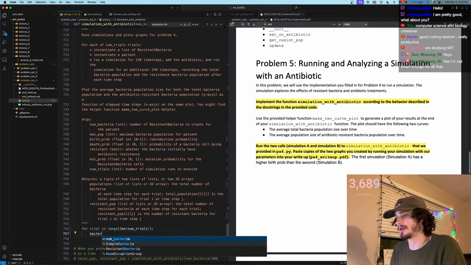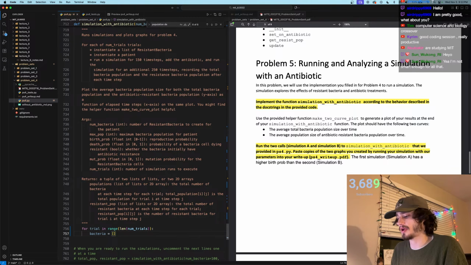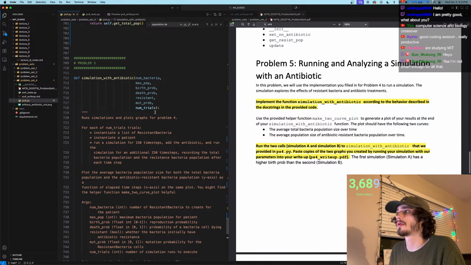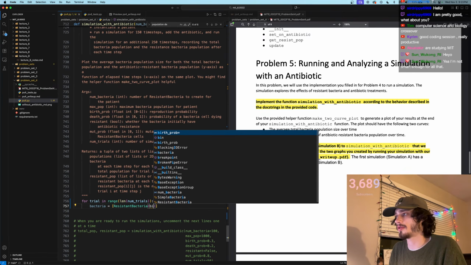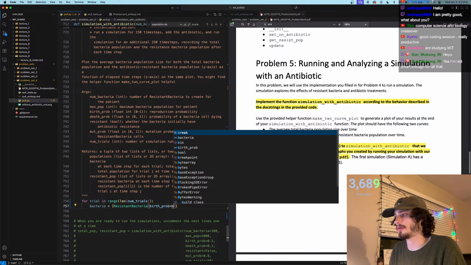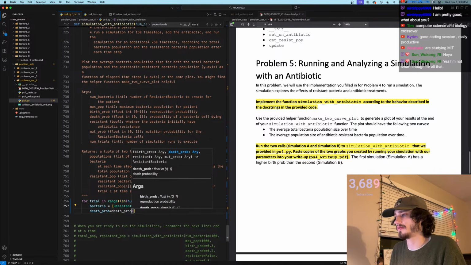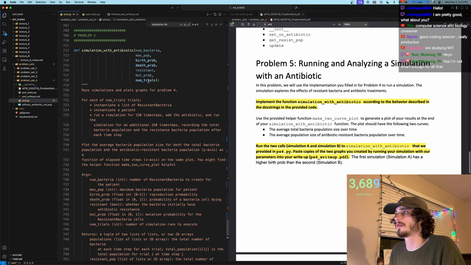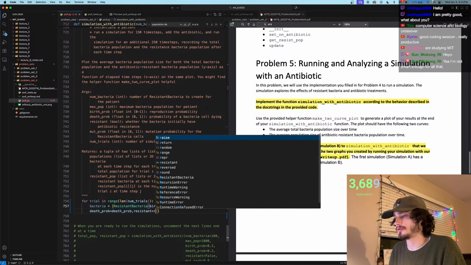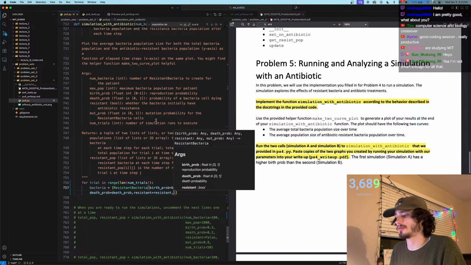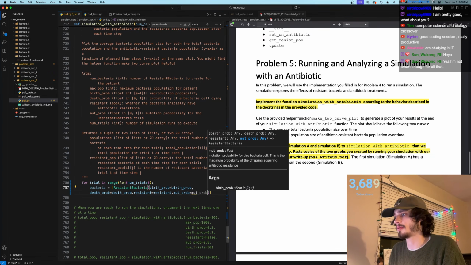So bacteria is equal to a list where we have resistant bacteria. Birth prob equals the birth prob. Death probability equals the death probability given. The resistant equals resistant. And mutation probability equals mutation probability.